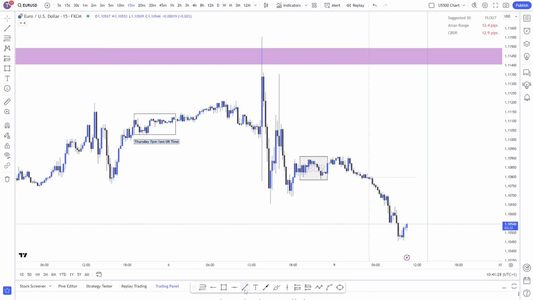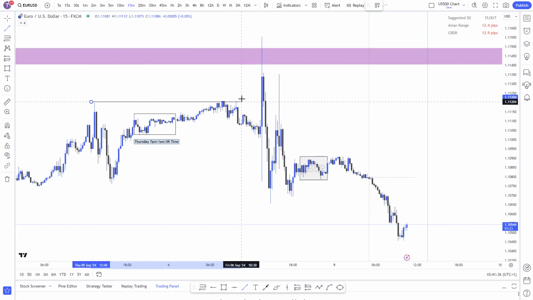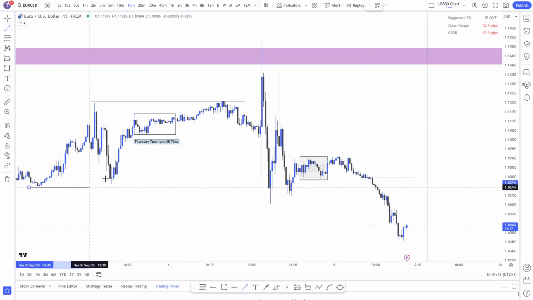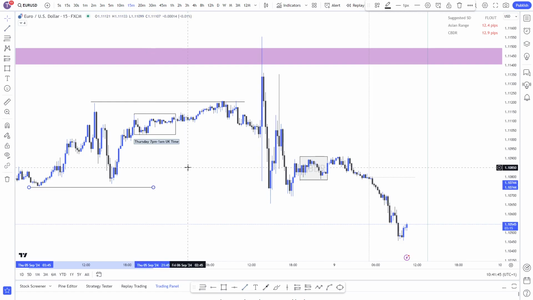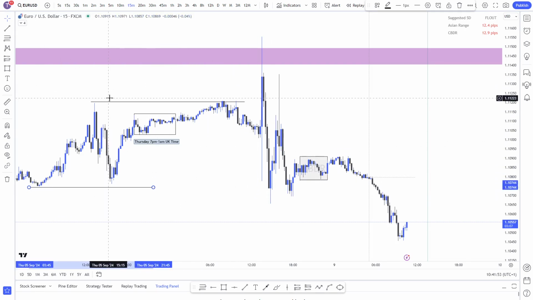You should also note that apart from this central bank dealers range, from the New York session all the way up to the London session, we created relative equal highs. And this liquidity down here is relative equal lows. So prior to these two liquidity sweeps, we had liquidity both sides.